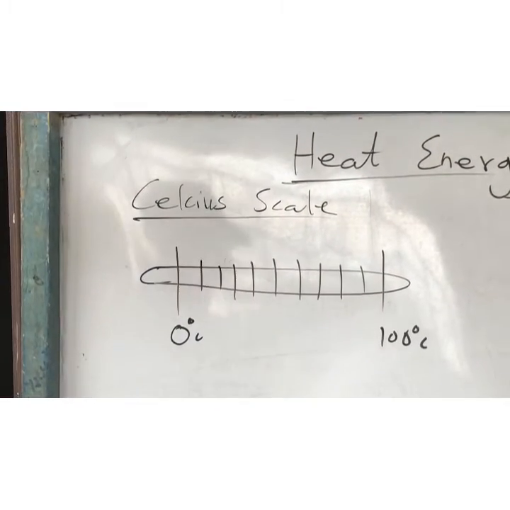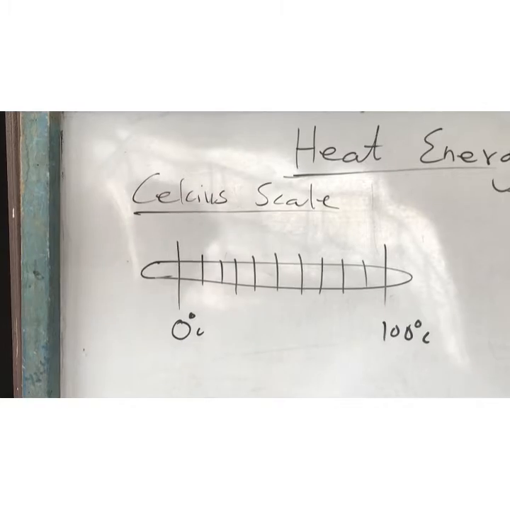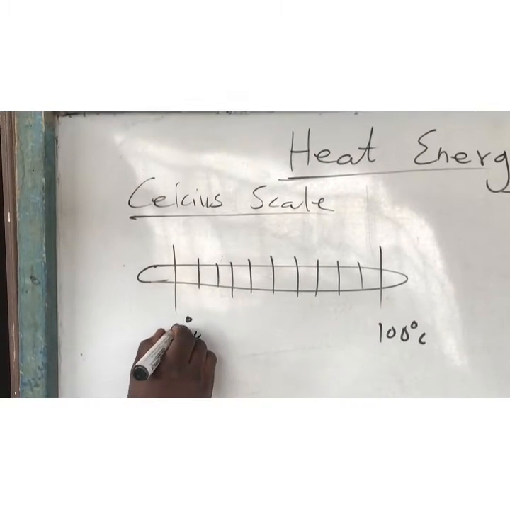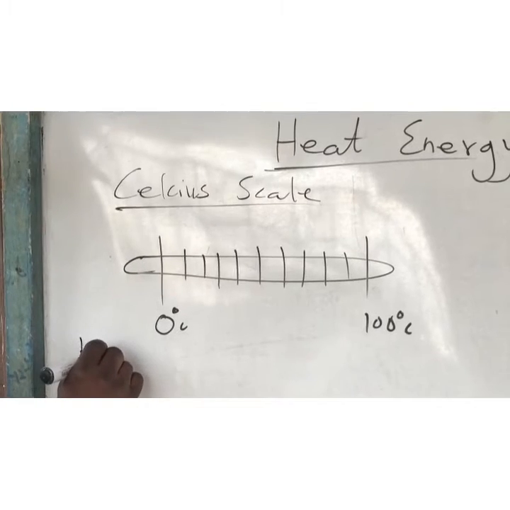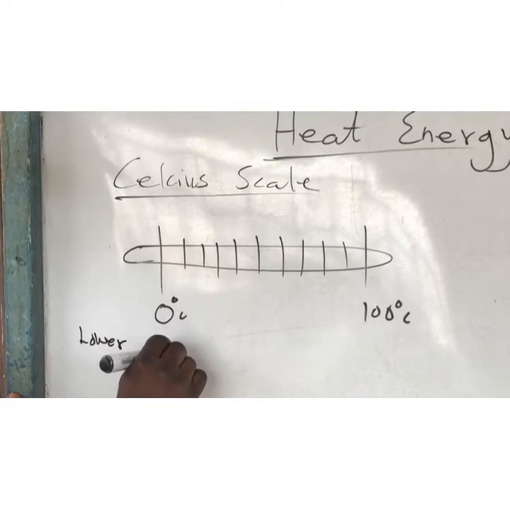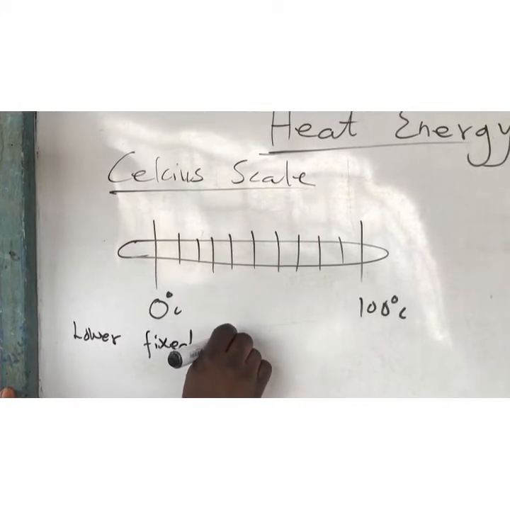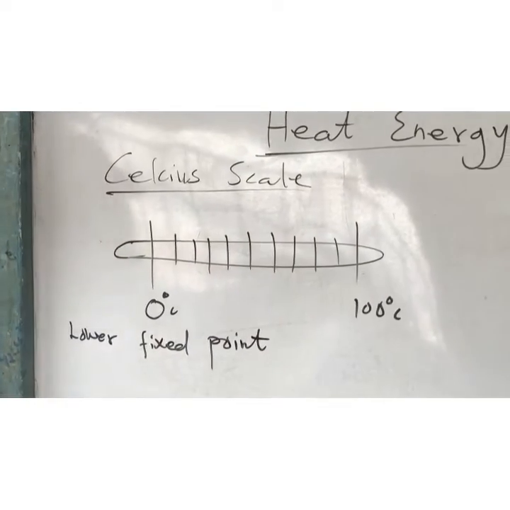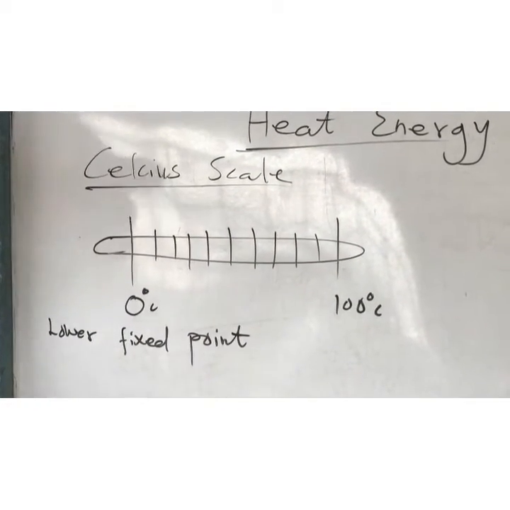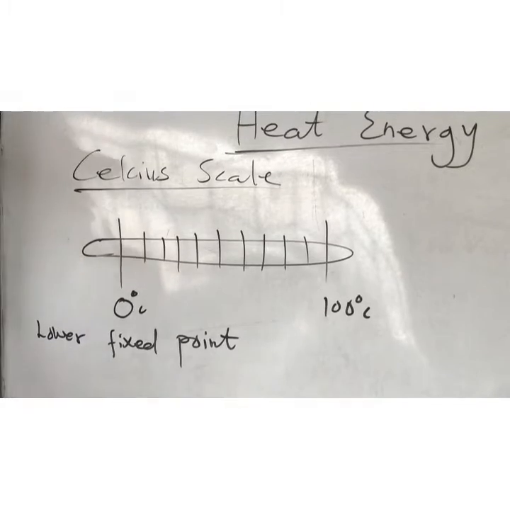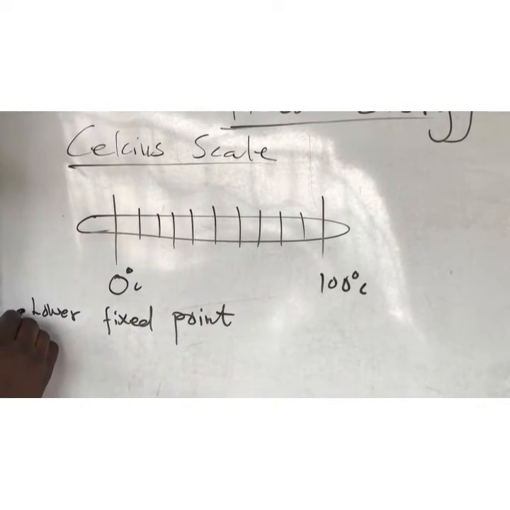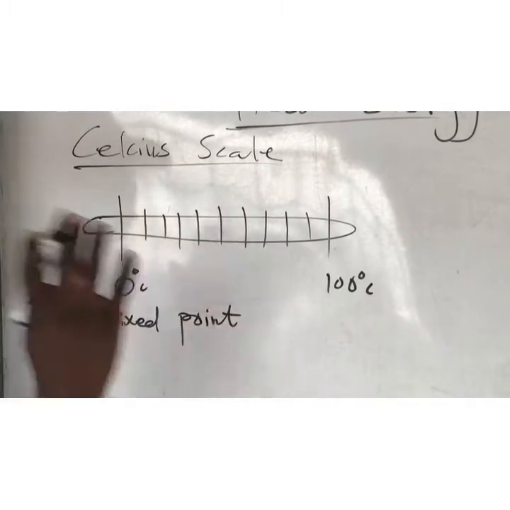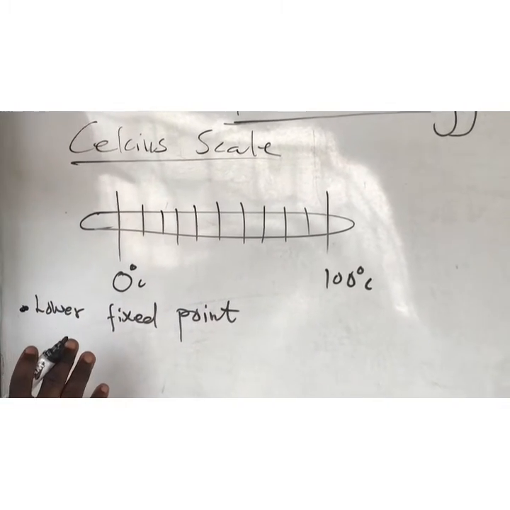The point where we have indicated 0 degrees Celsius, we call the lower fixed point. This lower fixed point is the temperature at which pure ice will melt. Take note.